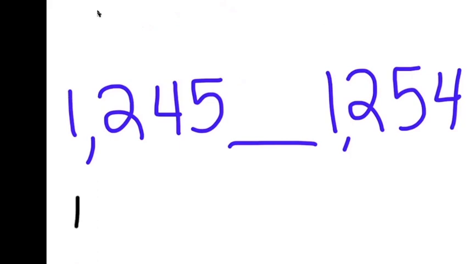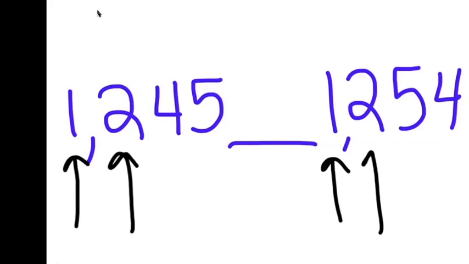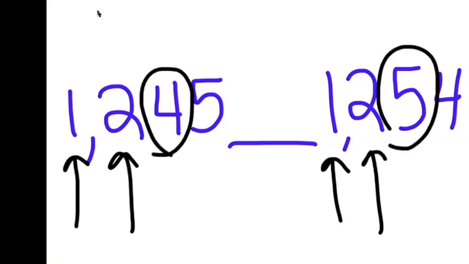We can see they both have 1,000, right? It's equal so far. They both have 200s, but then we start to see a change right here, right? We have different tens values. We only have 4 tens here, and we have 5 tens over here. So that automatically tells us 1,245 is less than 1,254. Thumbs up if you are with me so far.